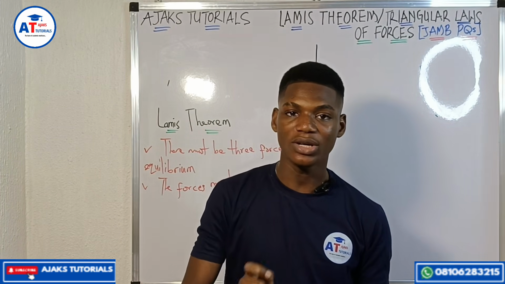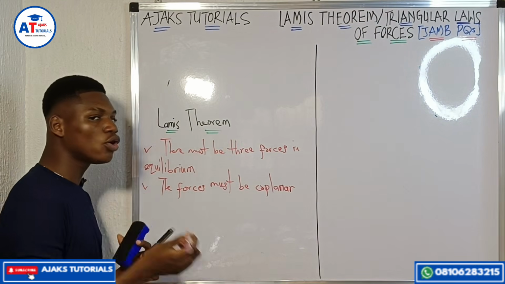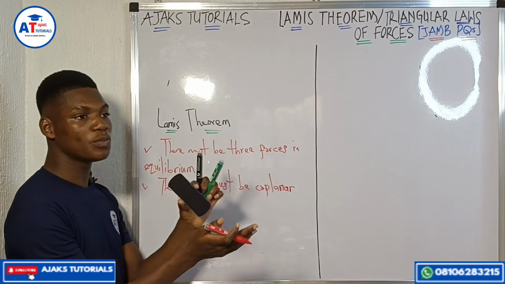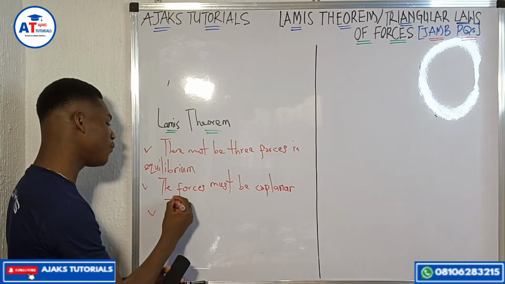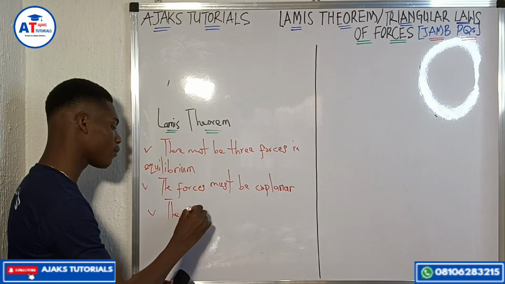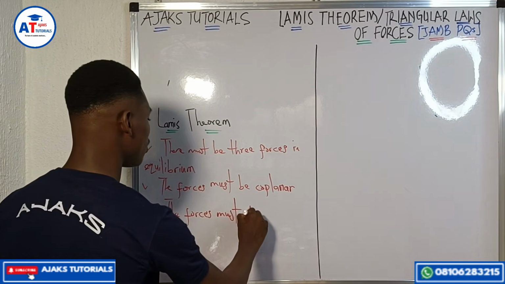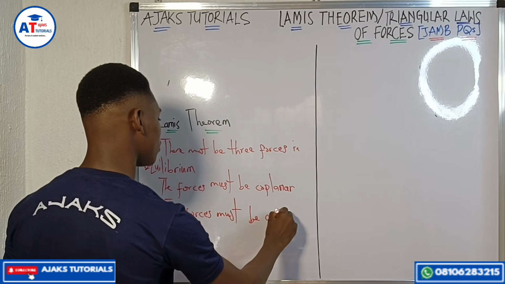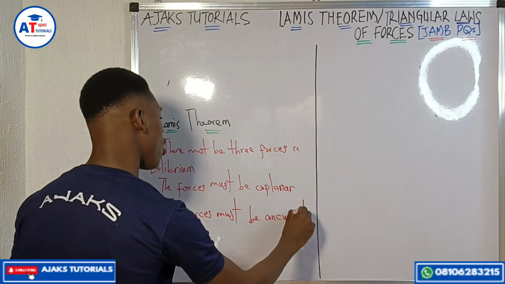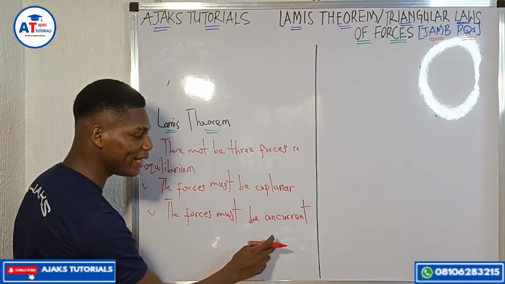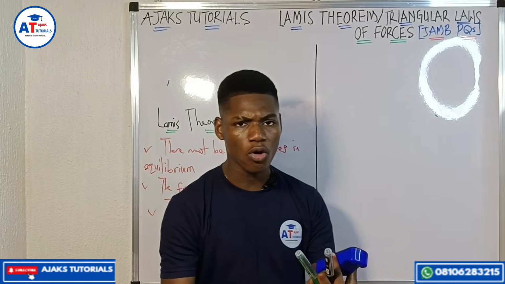They must act on a single plane. The third condition for Lami's theorem to be possible is that the forces must be concurrent, C-O-N-C-U-R-R-E-N-T. Now, what's the meaning of concurrent?